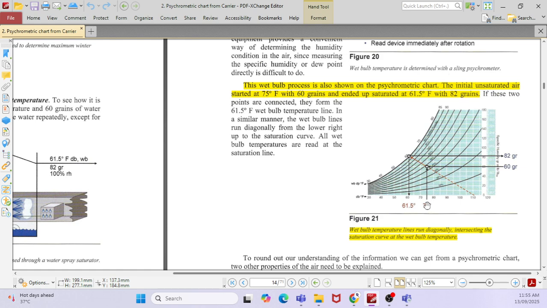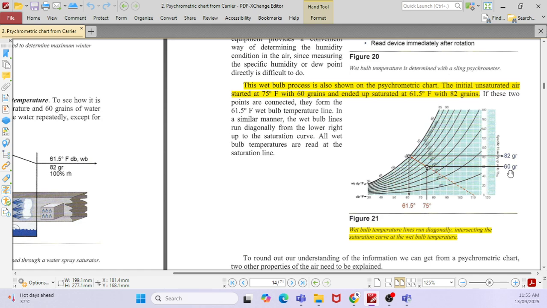When it is 75 degrees Fahrenheit and you have, say, 45 percent relative humidity, what is the amount of water vapor in the air?